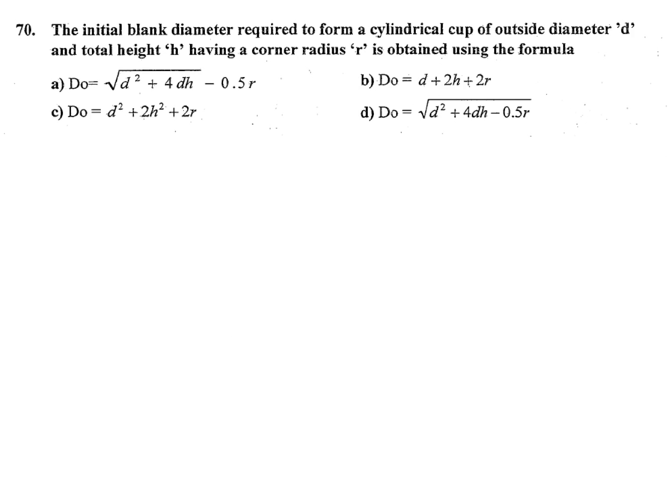The initial blank diameter required to form a cylindrical cup of outside diameter d and total height h having a corner radius r, this is punch corner radius, is obtained using the formula. Deep drawing.